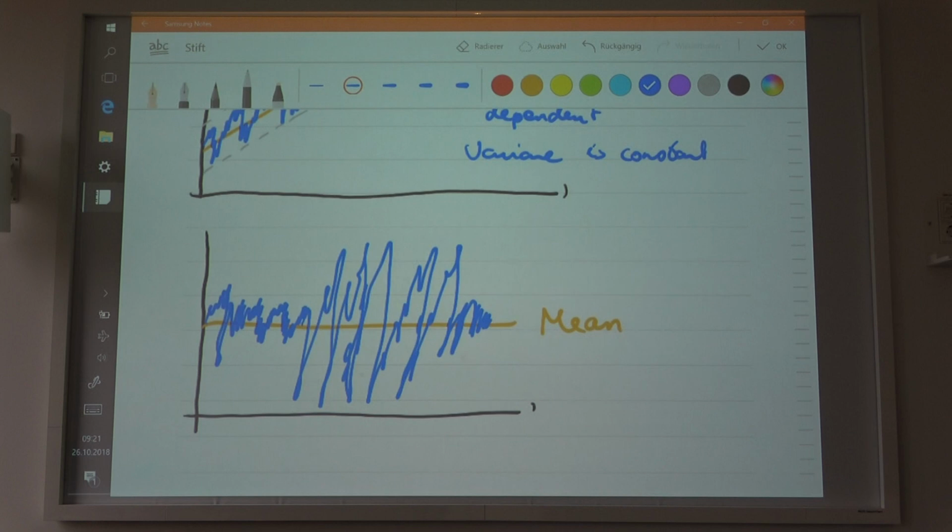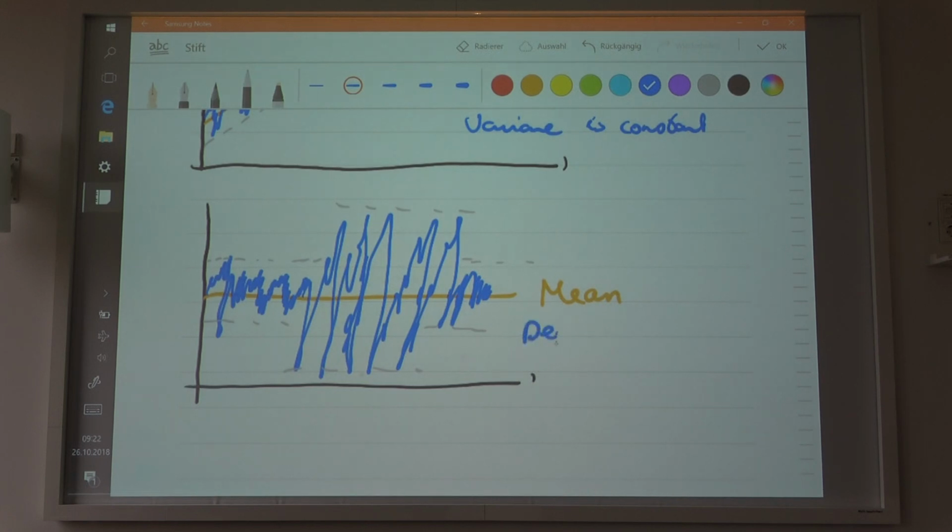So you have a constant mean, but the variance is time dependent. The variation of the process changes over time.